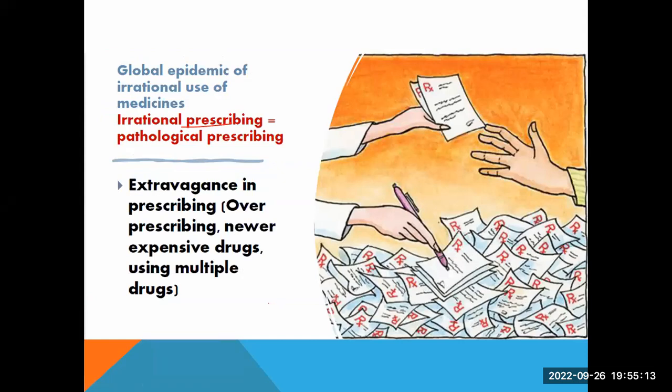So we're not suffering only from the COVID pandemic, but we're actually suffering from the global epidemic of irrational use of antibiotics and medicines, irrational prescribing, just pathological prescribing. This is really, again, crazy. It's overprescribing and using the newer expensive drugs.